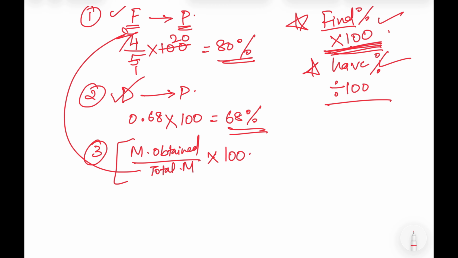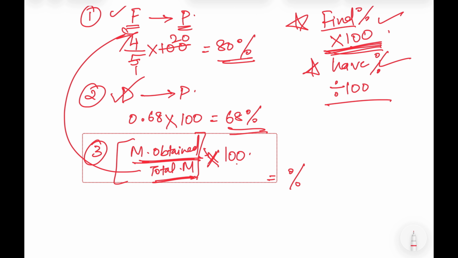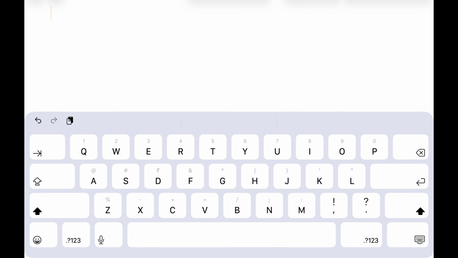This fraction is not given, so we make this fraction. We have the marks obtained and we know the total marks. We write marks obtained upon total marks and we multiply by 100. We can find out the percentage of our report card. So this is the basic conversion of fraction to percentage, decimals to percentage, or when you have marks, how do you convert into percentage. Okay.